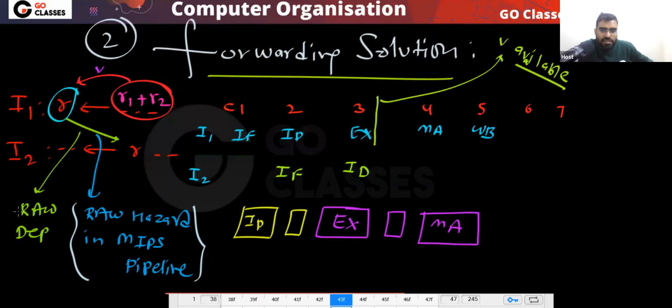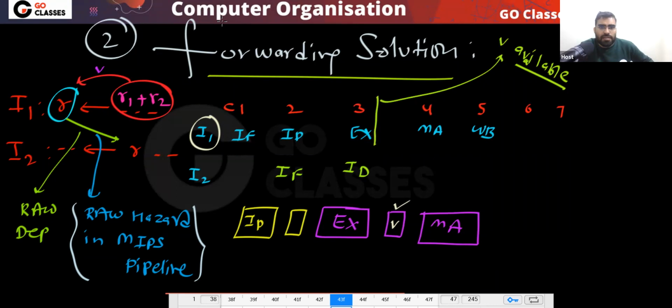Now you can notice that instruction I1, in cycle 3, will put the value here. At the end of cycle 3, where is the value available? In the buffer of the execution stage, correct?